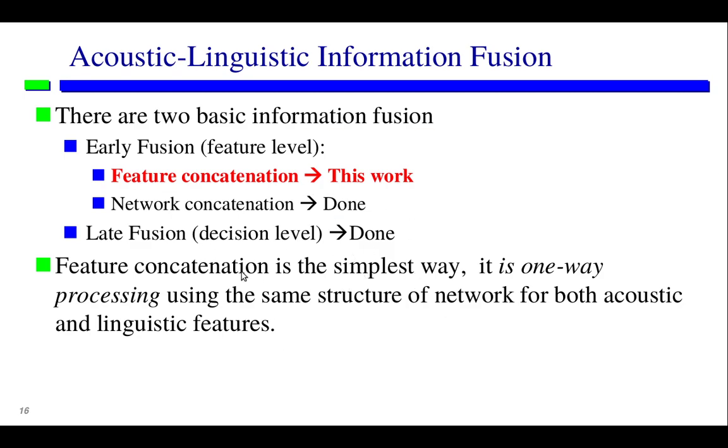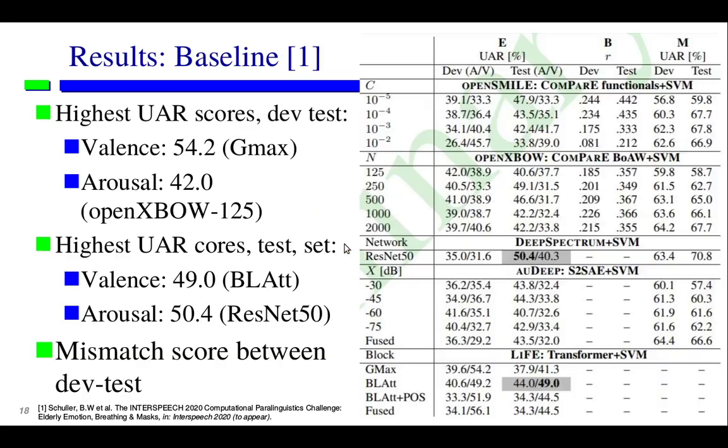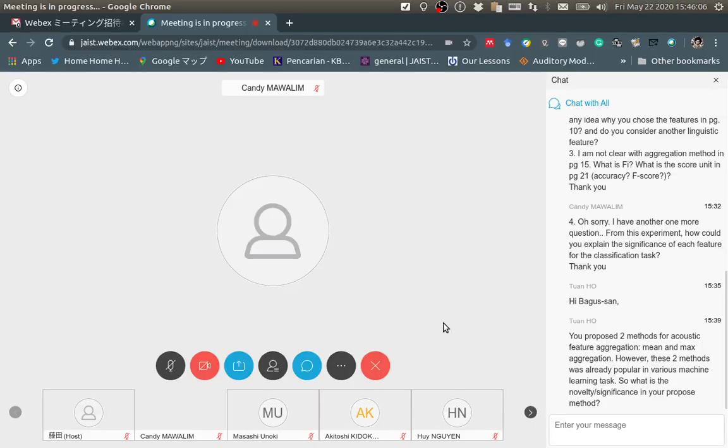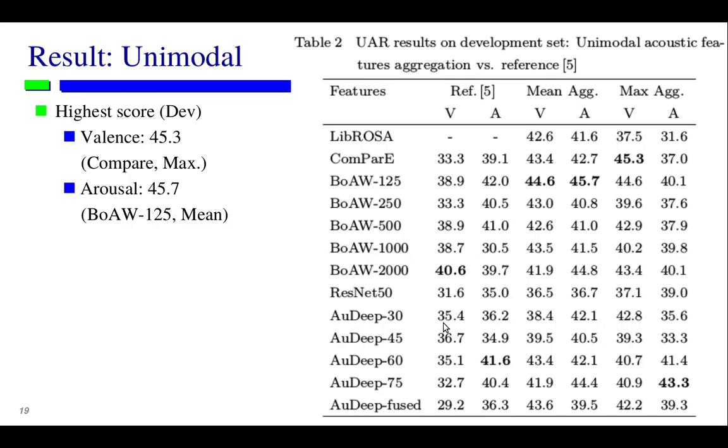But to perform this concatenation, I need to perform feature aggregation because the acoustic and linguistic are processed on different levels. So that's why I proposed feature aggregation, and the result is better. But I cannot explain why the result is better than majority voting here. So the contribution I wrote in the paper, the first, is the acoustic feature aggregation.